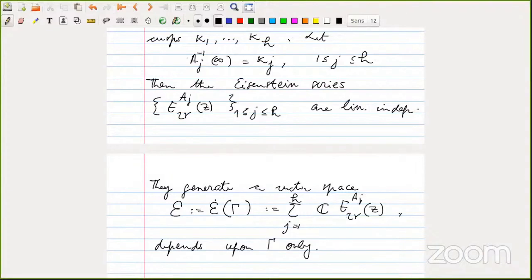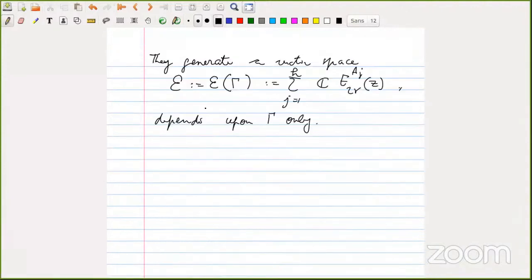That's because we have seen how the coefficients transform when we change the A_j, and it doesn't affect the space, the complex span of the Eisenstein series. Okay, all right.